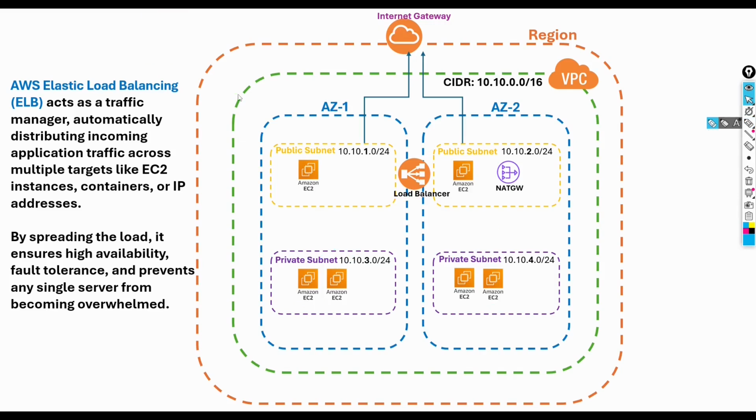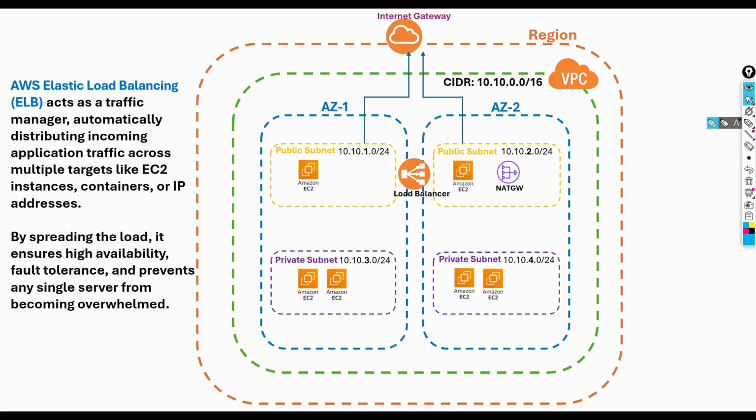Okay, so let's recap one more time. The orange box is nothing but the region. Inside this region, we have one VPC. We can create multiple VPCs, but for simplicity in this diagram, I have shown you a single VPC. Each VPC has a CIDR network block that we divide into multiple subnets according to our requirement, and that subnet resides within data center AZ1 and AZ2.